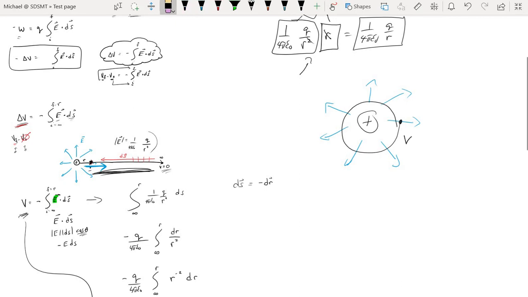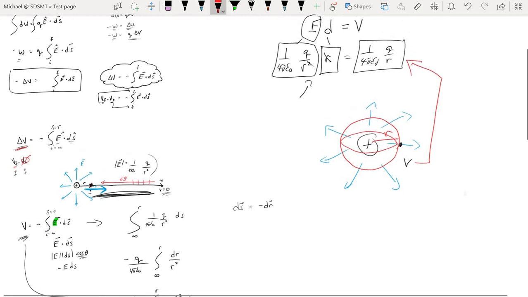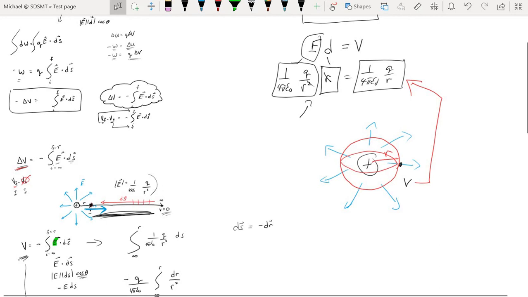I didn't draw this very well, so I'll try it again. So at any distance r from our charge, not only are we seeing a uniform electric field, but every point along the surface of this sphere will have the same electric potential value, and that value is equal to 1 over 4 pi epsilon naught, q over r.